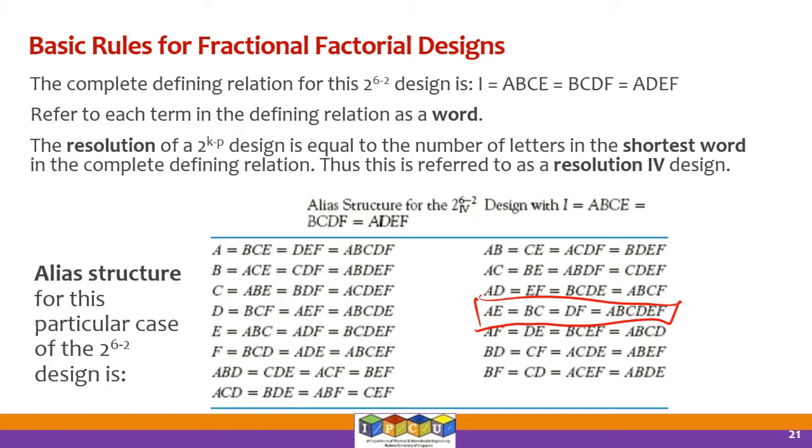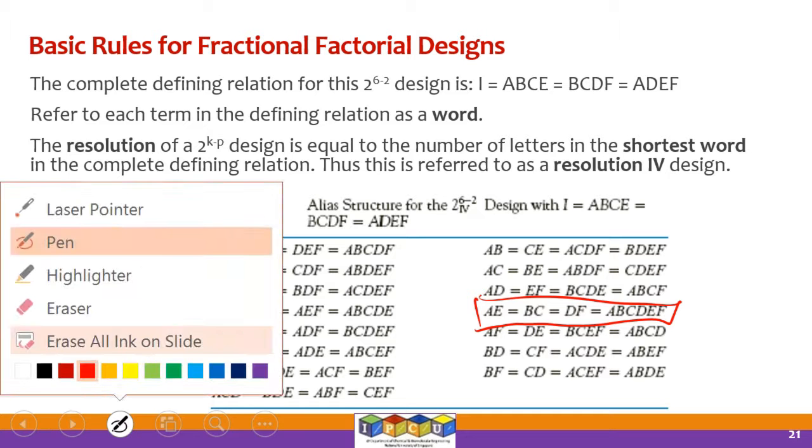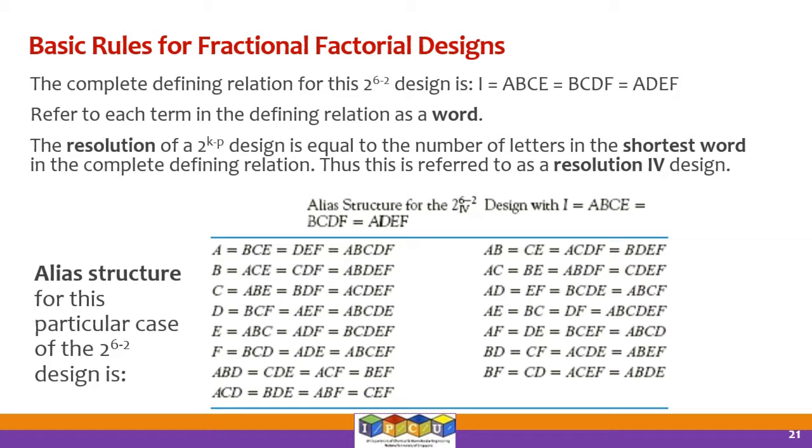All right, so now what do we see? We see here that the first order terms, or the direct effects, are aliased with either 3-factor interactions or 5-factor interactions. That's not bad. We don't see a direct effect aliased with another direct effect or even with 2-factor interactions.